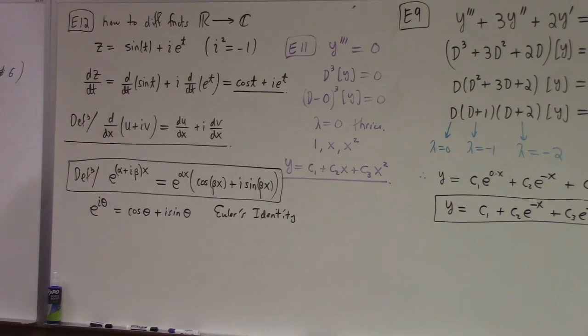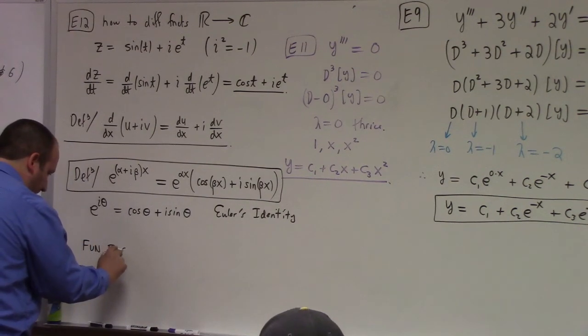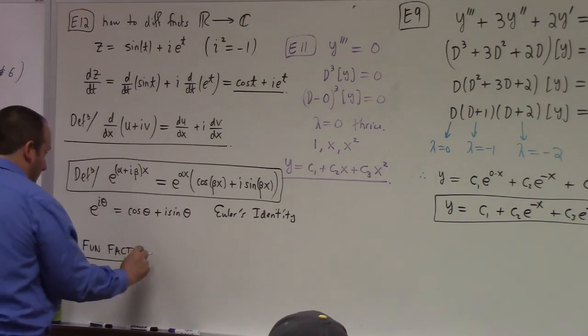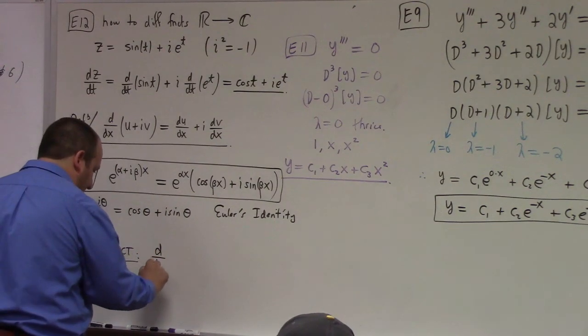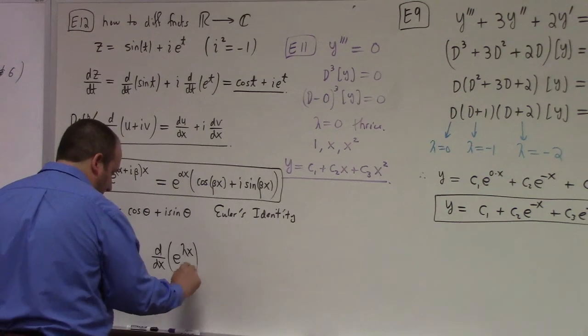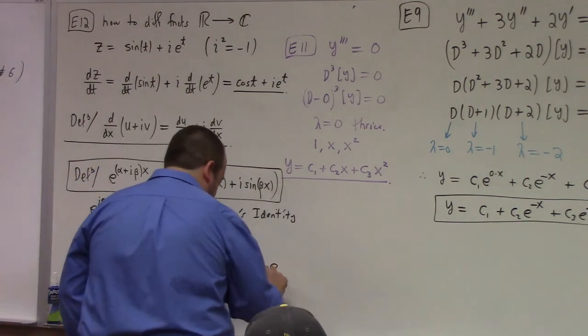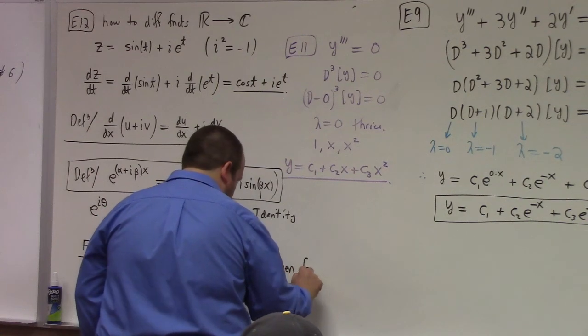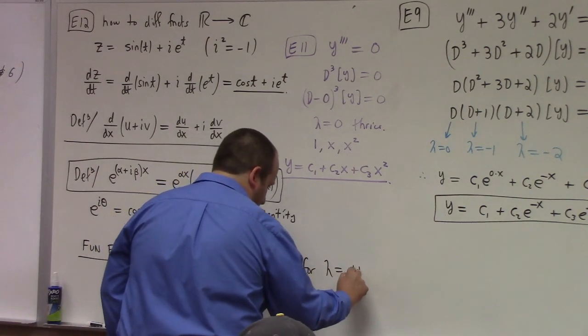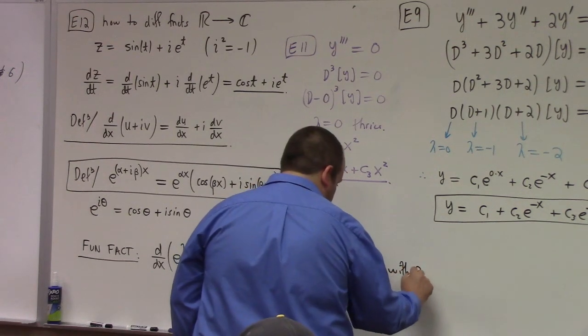And fun fact, the derivative with respect to x of e to the lambda x is equal to lambda e to the lambda x, even for lambda equal to alpha plus i beta, with beta not equal to 0.